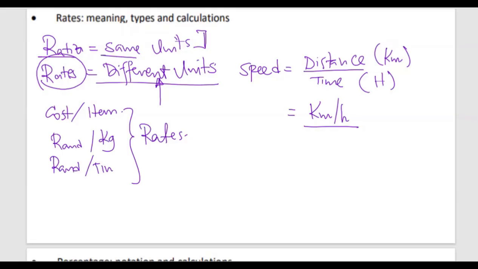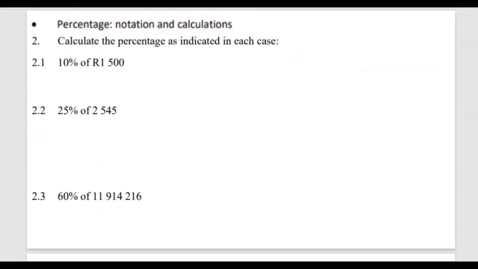Okay, we look at the other topic, percentages, and I want you to understand that percent actually means out of 100. And the symbol is what? Two circles and a stroke.